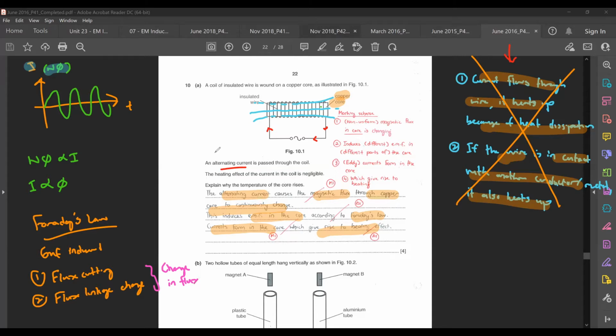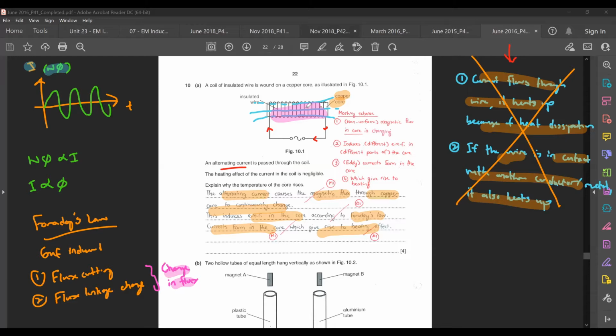The reason why I'm mentioning this now is because you see your copper core, it's not correct to say that your copper core experiences a change in flux linkage, right? Because it's not a coil. So I cannot say flux linkage change. And then at the same time, you don't see your copper core moving across the magnetic field. So it isn't really cutting magnetic flux.